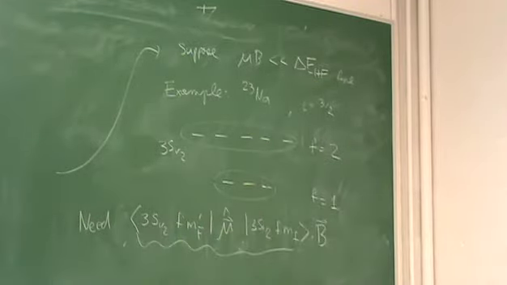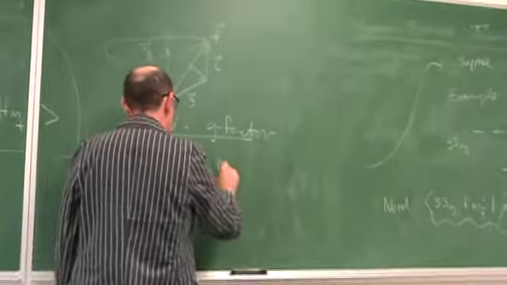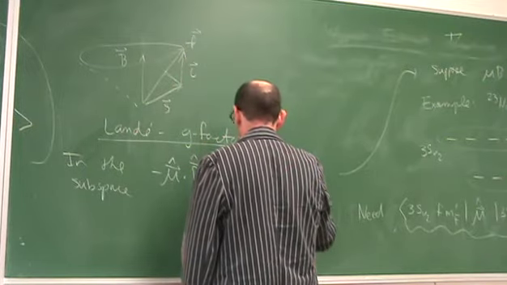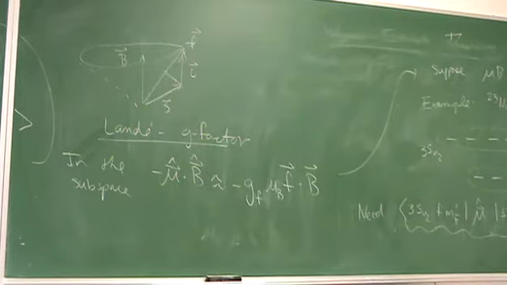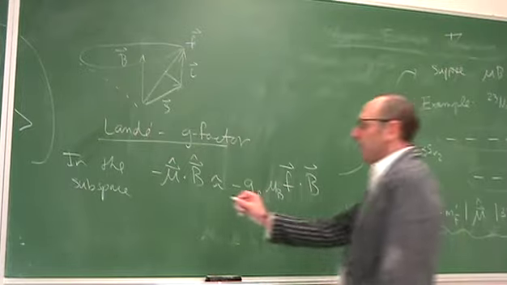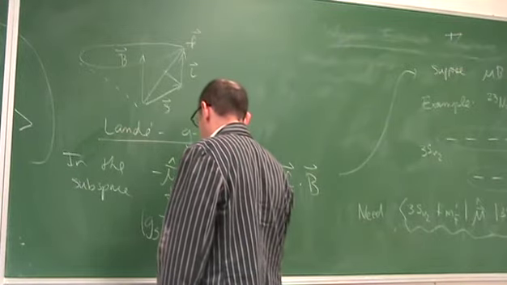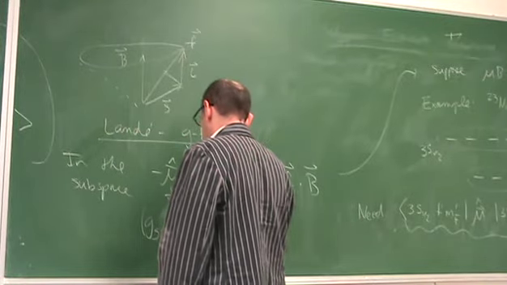That is to say, in this subspace, mu dot B is approximately G sub F F dot B, whereas really what we had was G sub S times spin plus G sub I times nuclear spin.